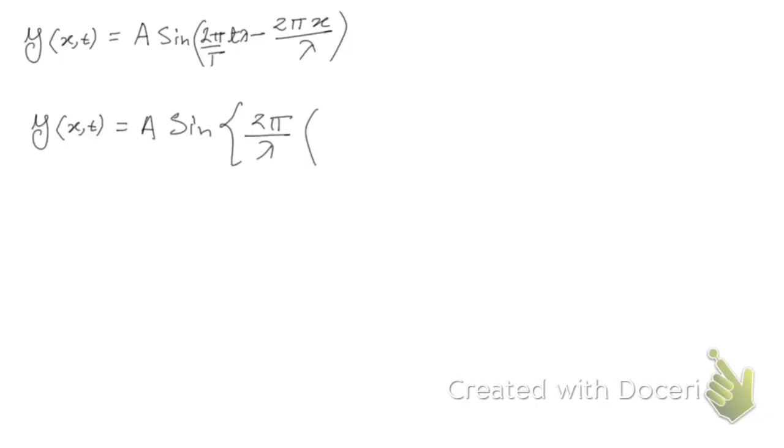On taking 2 pi by lambda common, we are left with lambda by capital T into small t, or you can say lambda small t by capital T.